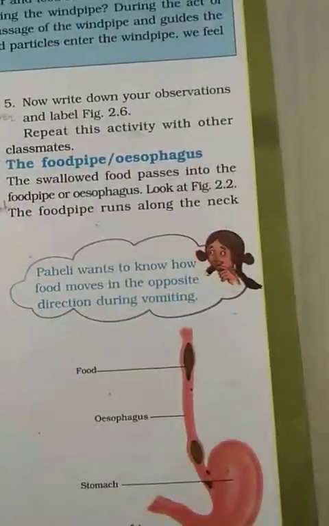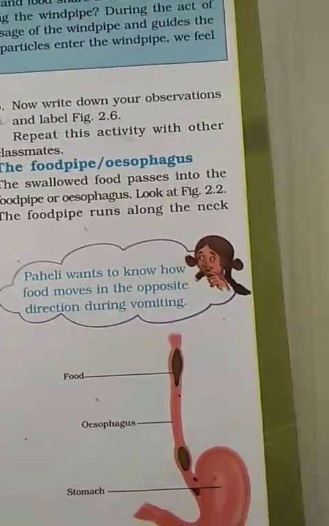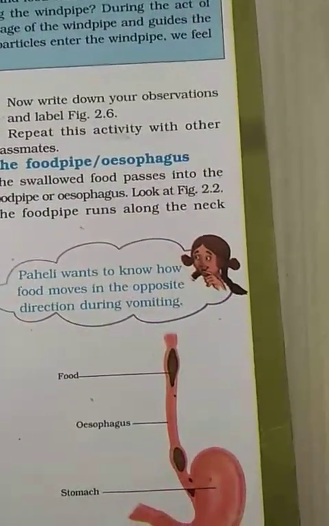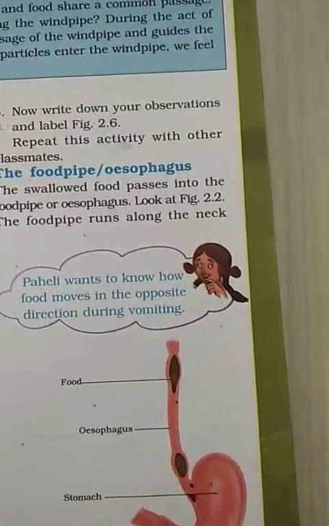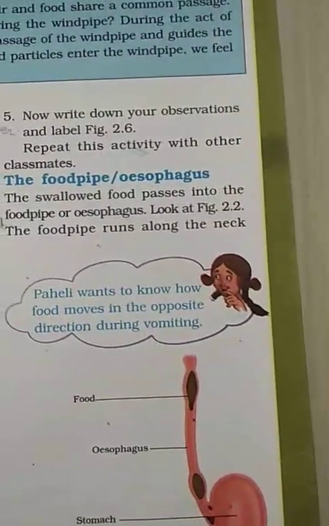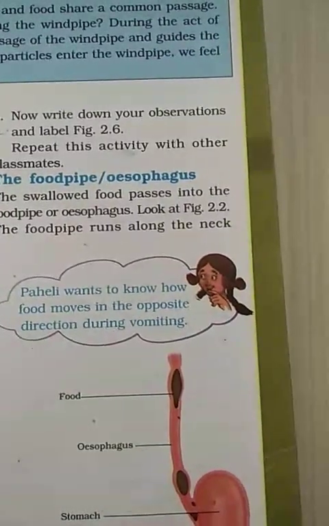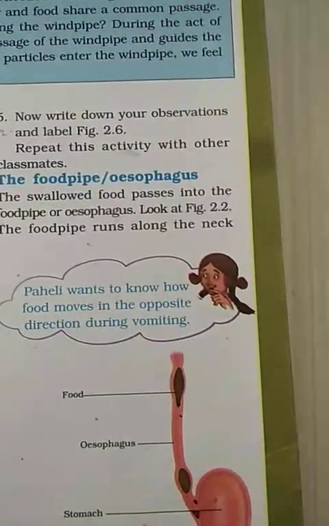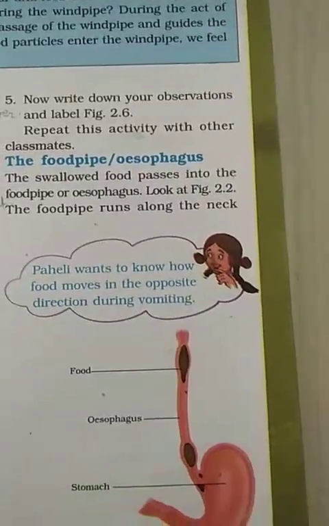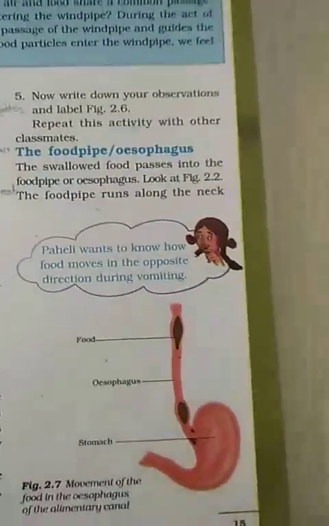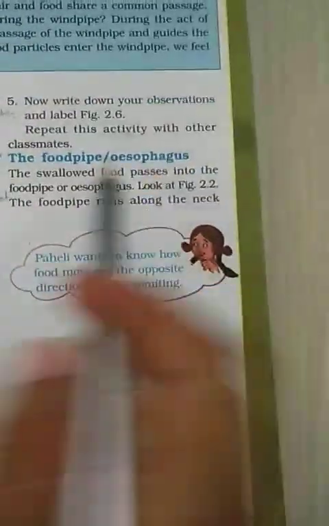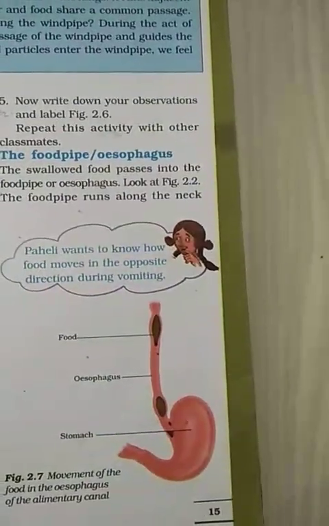The next is the food pipe or the esophagus. After the mouth or buccal cavity, the food is inserted into the food pipe, which is also known as the esophagus. The swallowed food passes into the food pipe or esophagus.